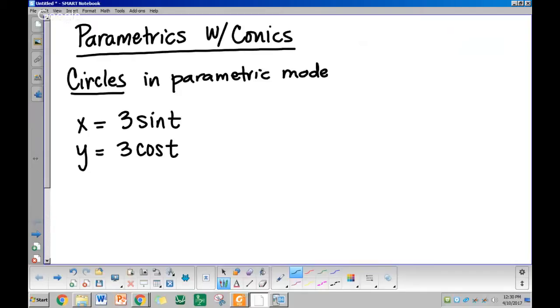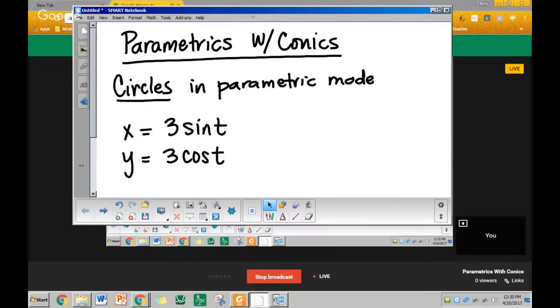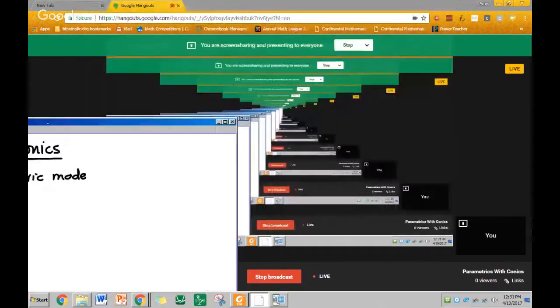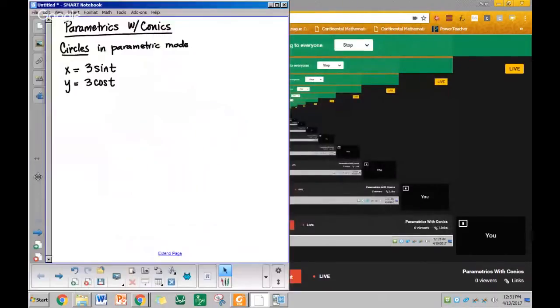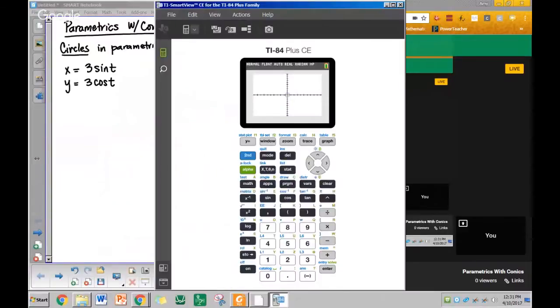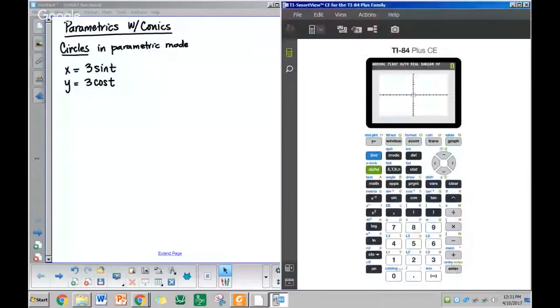So on your calculator, I'm already in parametric mode, so you go to y equals, and I'm going to clear this out, and we're going to type in 3 sine of t, and then 3 cosine of t.